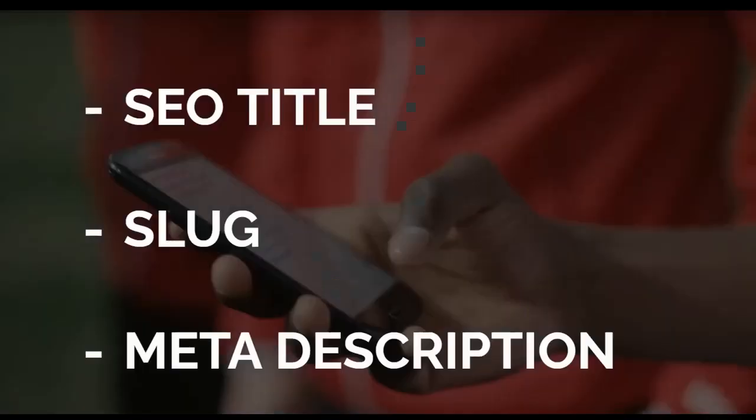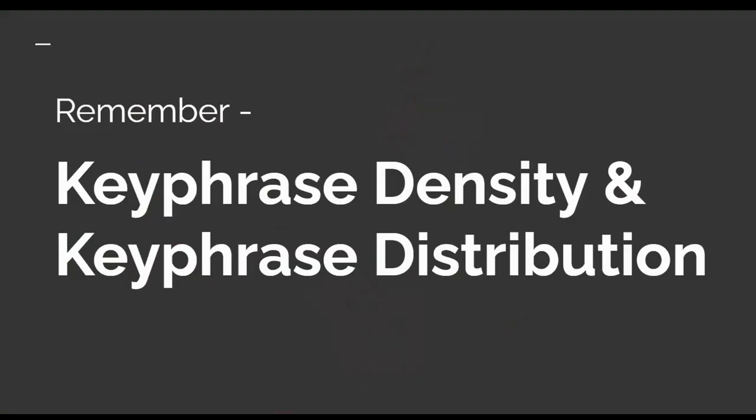Use SEMrush, and make sure your SEO title contains your key phrase. Your slug, that is your URL, contains your key phrase, and your meta description too. Don't leave Google to generate one for you. Generate it yourself and put a key phrase in it. Make sure key phrase density is not less than 5 and not more than 28. Your key phrase should be perfectly distributed across your article.